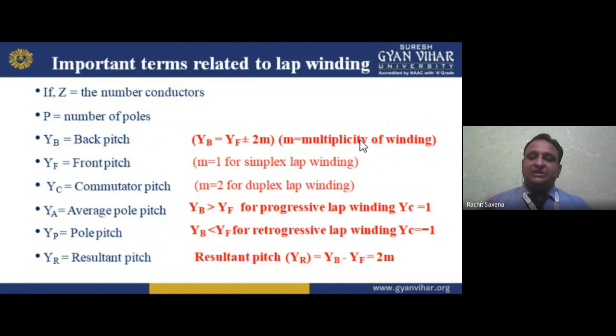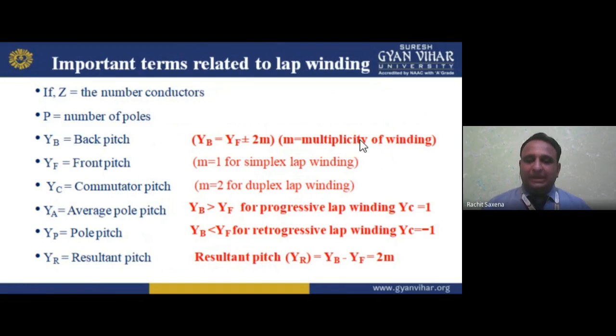If I am considering the simple lap winding, which I showed you in the earlier image, what is simplex, what is duplex. For the simplex lap winding, we use M equals 1, and plus 2 and minus 2 we use for the duplex.